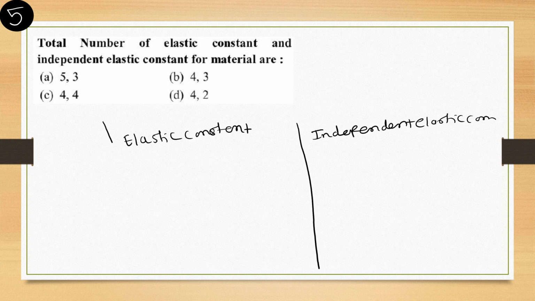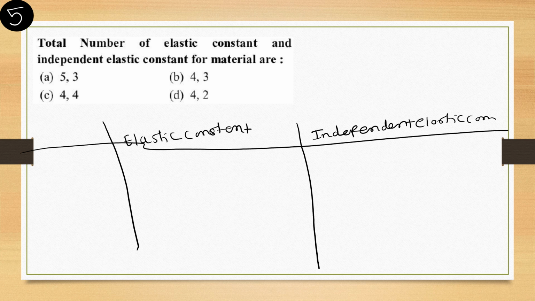First row is for isotropic, then second for orthotropic, then next for anisotropic.